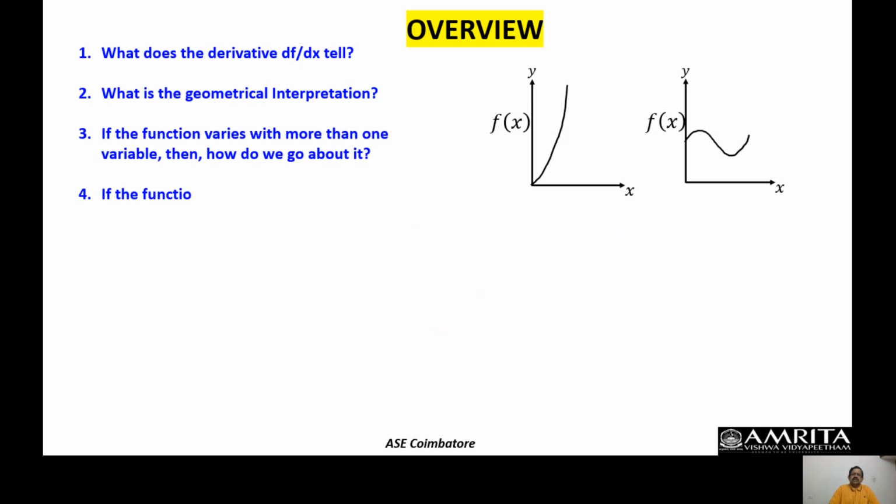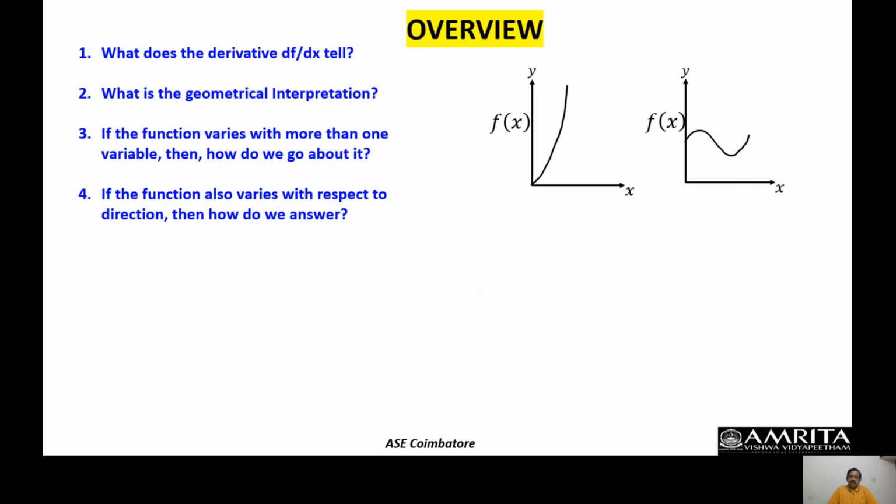Now, suppose the variation of this function, which means how much this function varies, is also dependent on the direction.